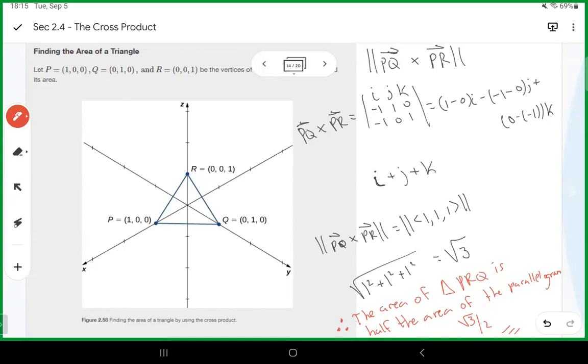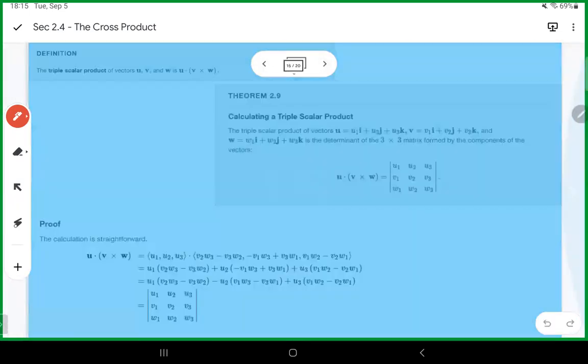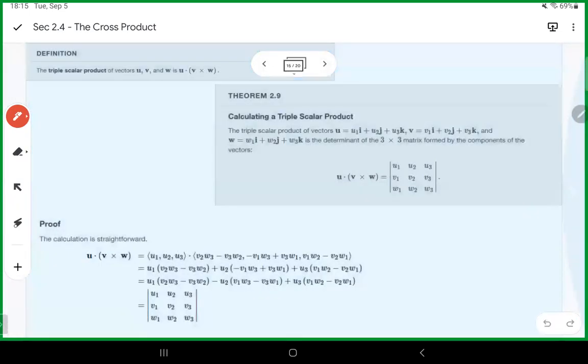The next thing we're going to work on is triple scalar products. So you can take away from this what you want. We have an example, but it's not until slide 16. So the triple scalar product of vectors u, v, and w is u dot the cross product of v cross w.